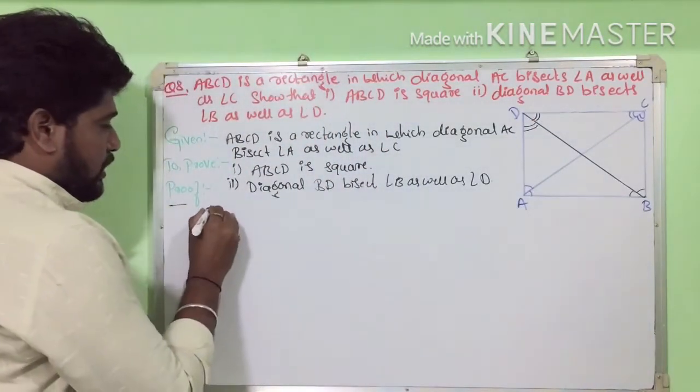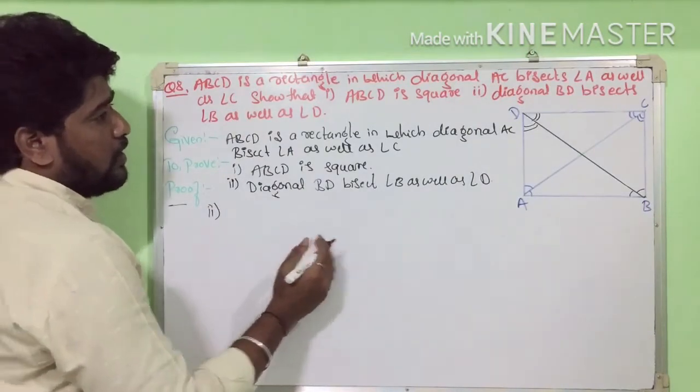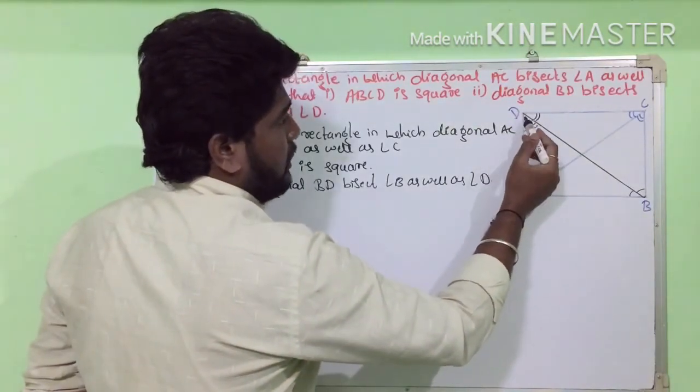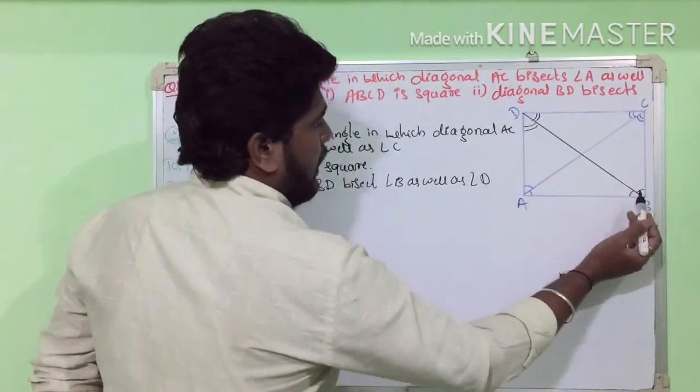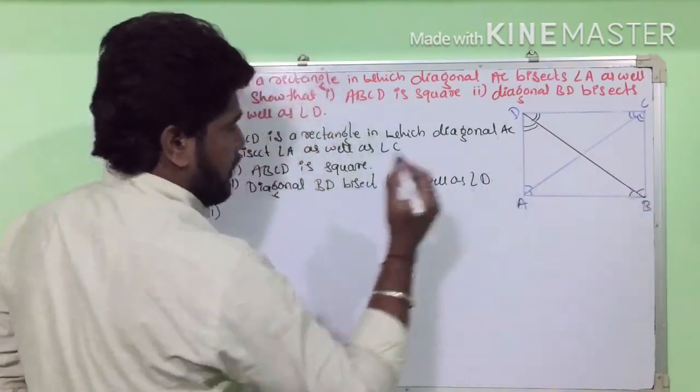So second one, let me solve here. So here also two triangles, DAB and another one DCB.